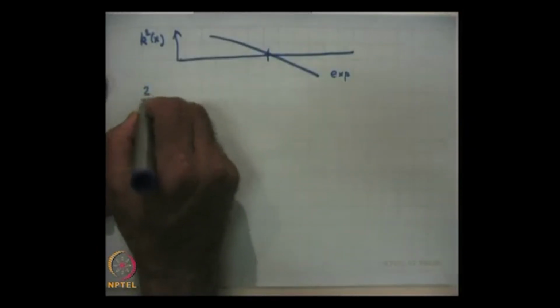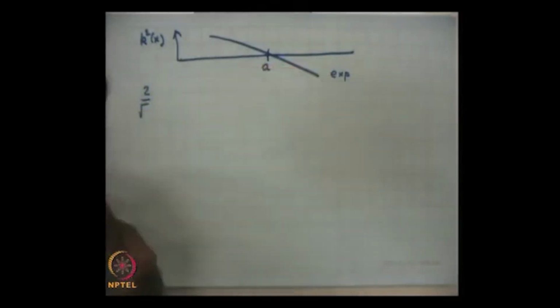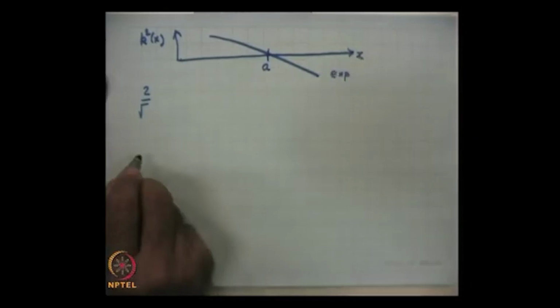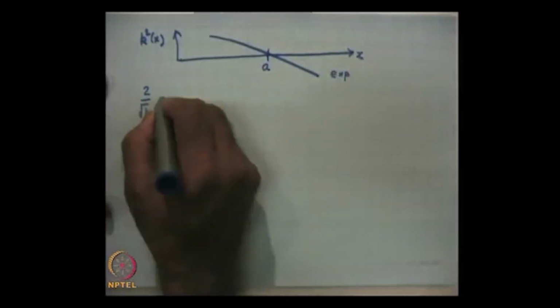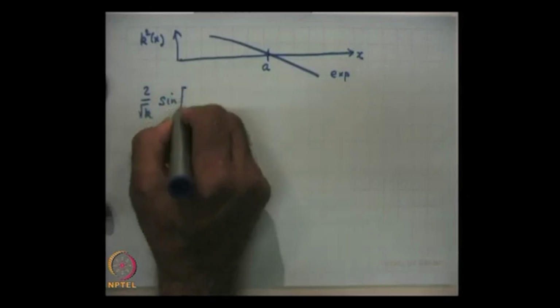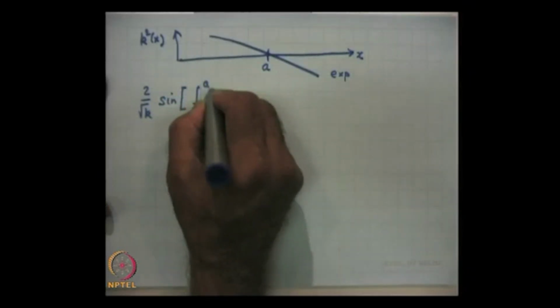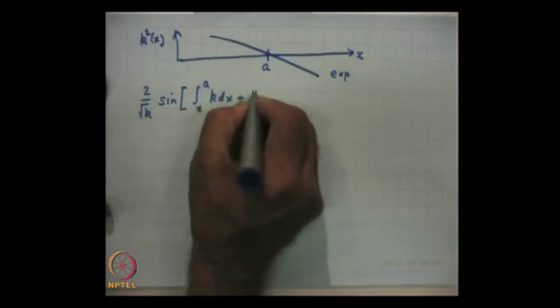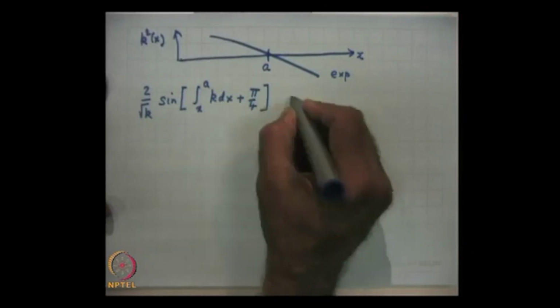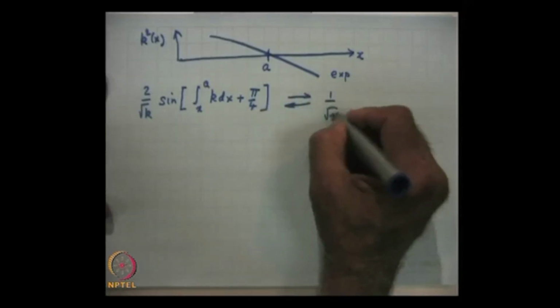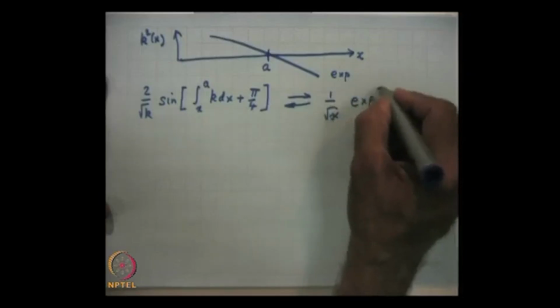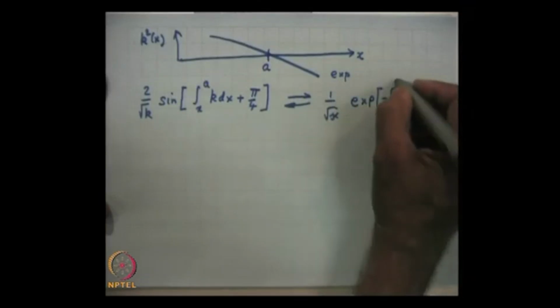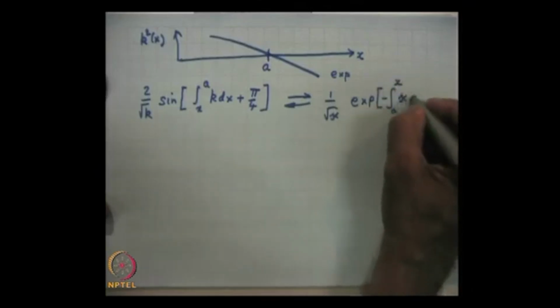So, we have sine and cosine solution, and we had said without proof that, suppose the turning point is x is equal to a, then 2 by root k sine of the integral from x to a of k dx plus pi by 4 goes over to an exponentially decaying solution, minus exponential of minus the integral from a to x of kappa dx.